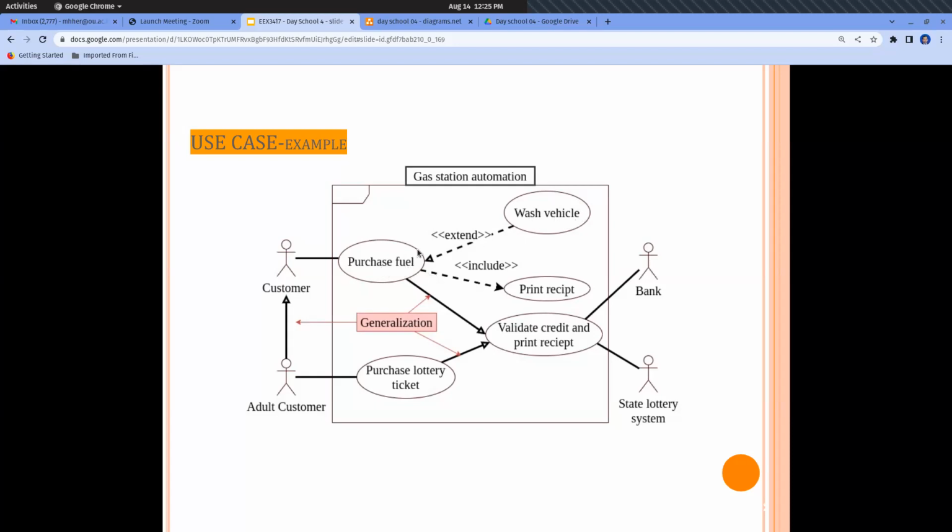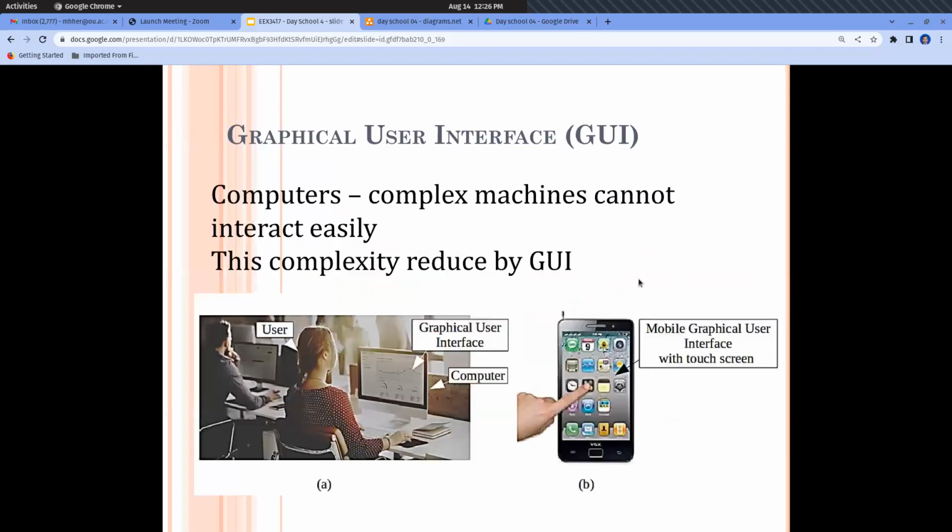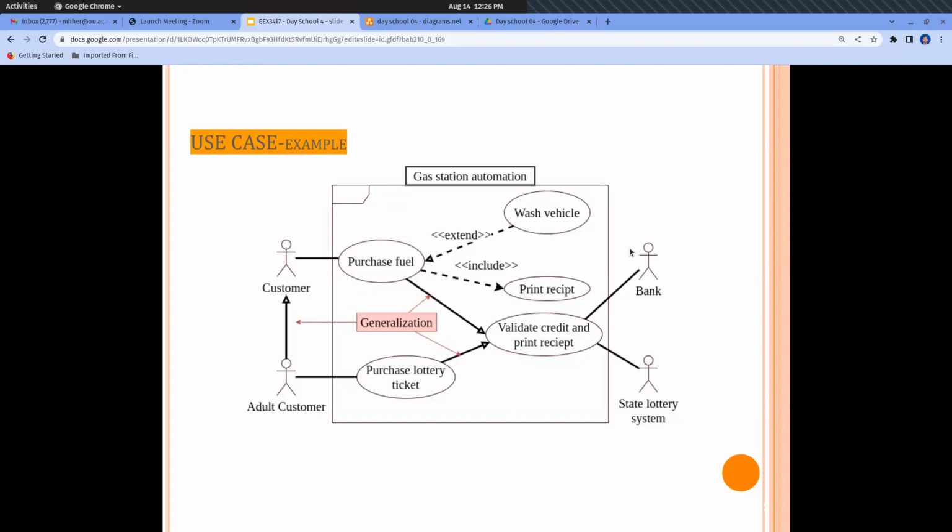Not only purchase fuel, the gas station also offers wash vehicle. So it is an extend. I think you will now understand how to draw the use case. I think in a TMA you have to draw a use case diagram.